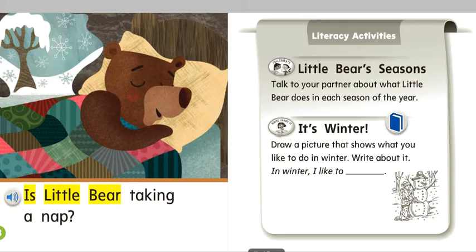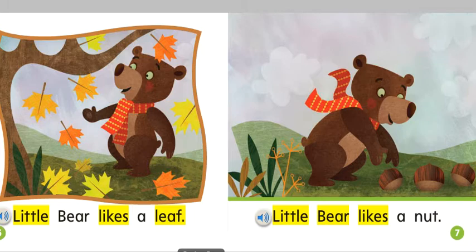What you're going to do now is you're going to get your journal and you're going to answer this question. What details in the picture tell you what season it is on page 6 and 7? So Ms. Jones is going to help you by going back to page 6 and page 7.